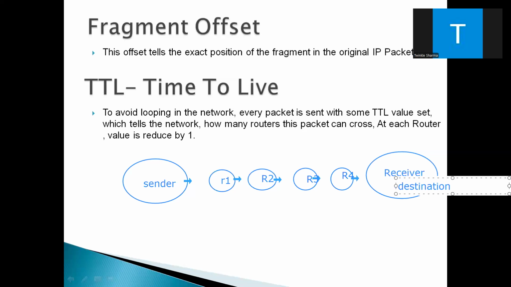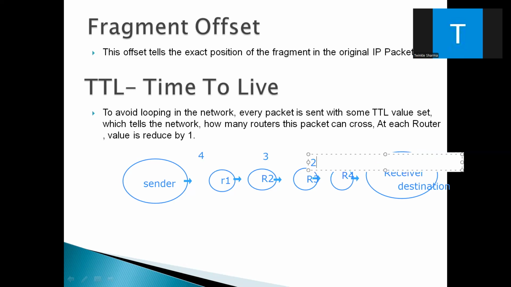So in this TTL, after 4 routers we have the destination. Send the request. At the first router the value started with 4, then comes to 3, 2, and 1.